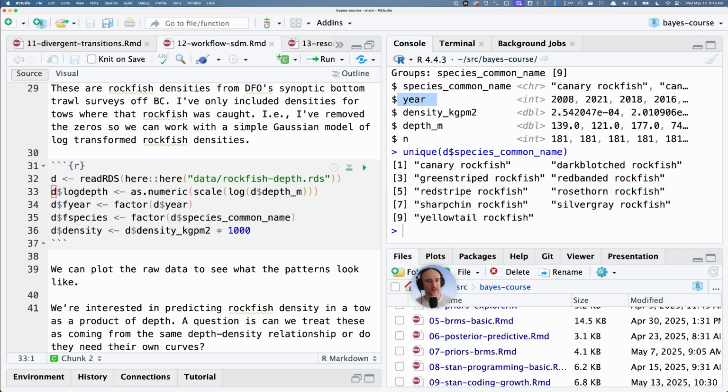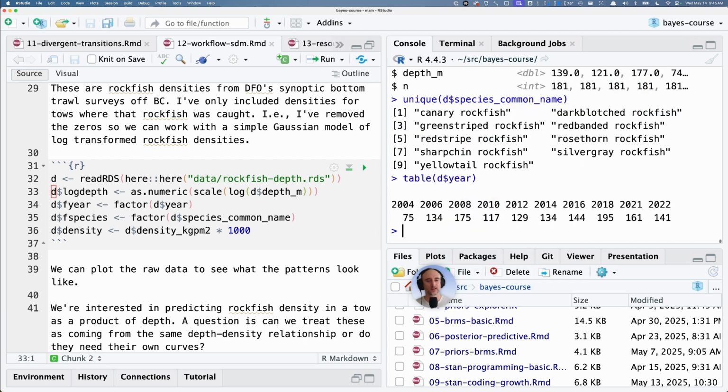I have the year that this survey observation came from. If we look at table year, there are years from 2004 to 2022. The survey has 4 different regions, and any one region is run every 2 years.